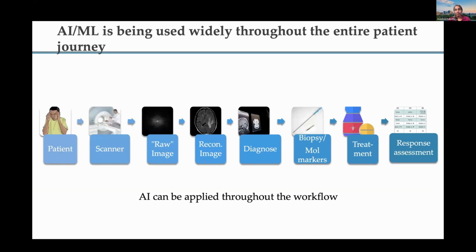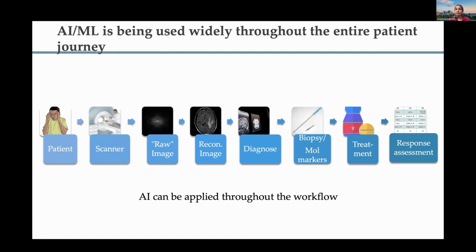As you've heard today and will continue to hear today, we've seen a lot of AI and machine learning being used throughout the workflow of a cancer patient's journey, from the time the patient comes in and might have some symptoms to deciding exactly what protocol is appropriate for that patient.